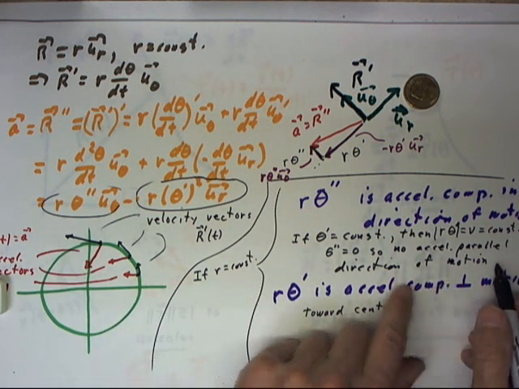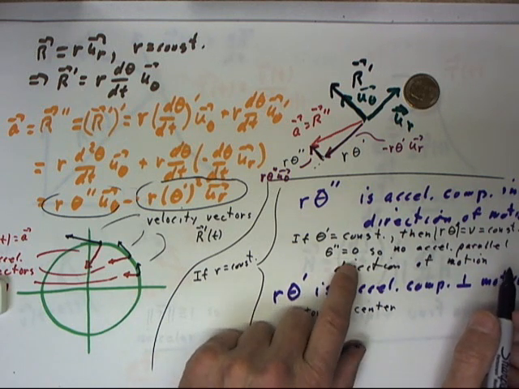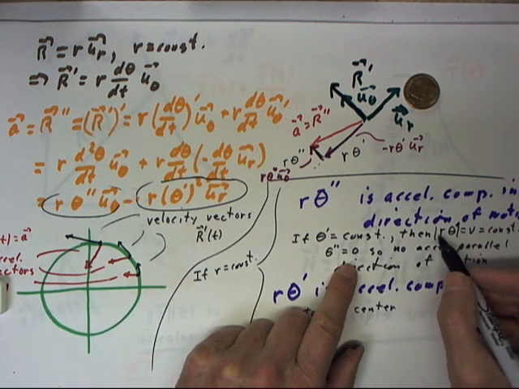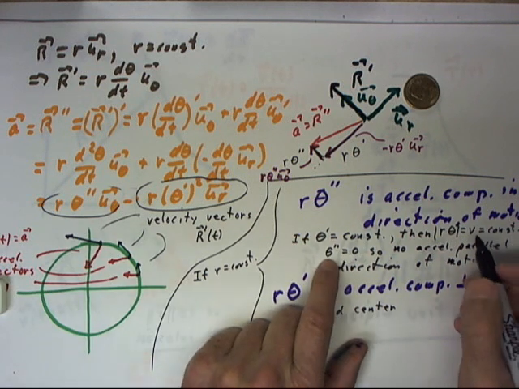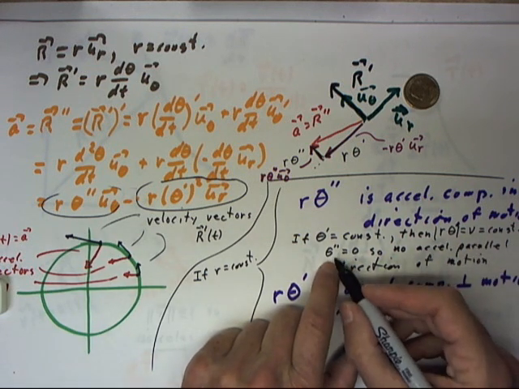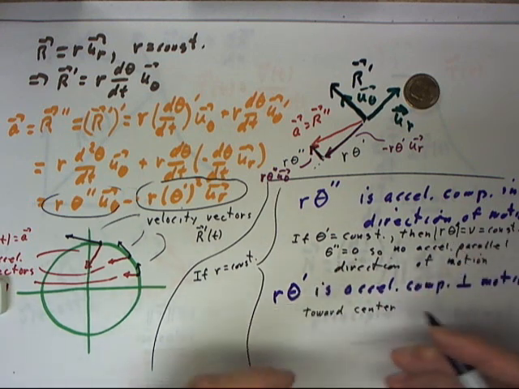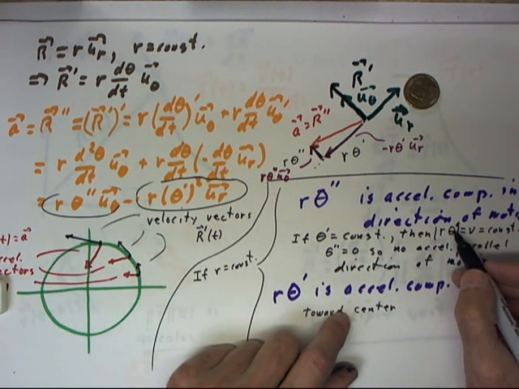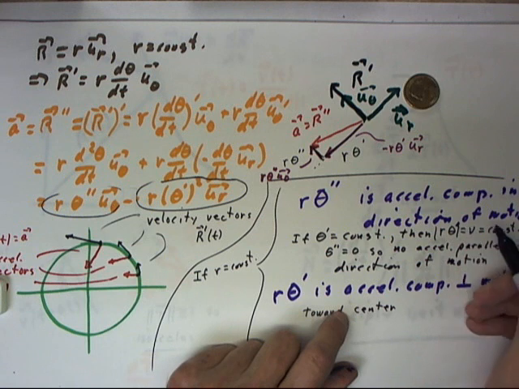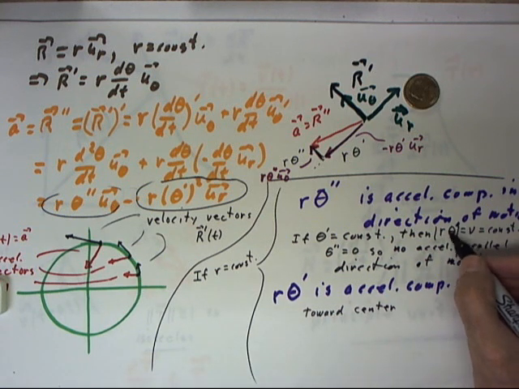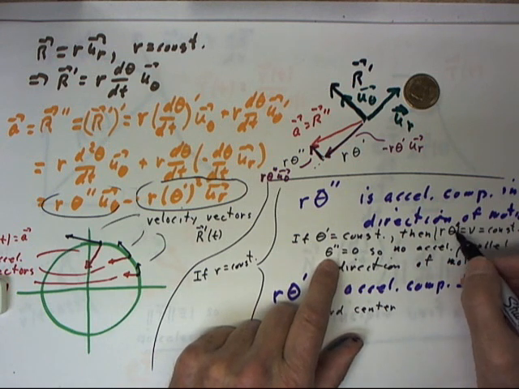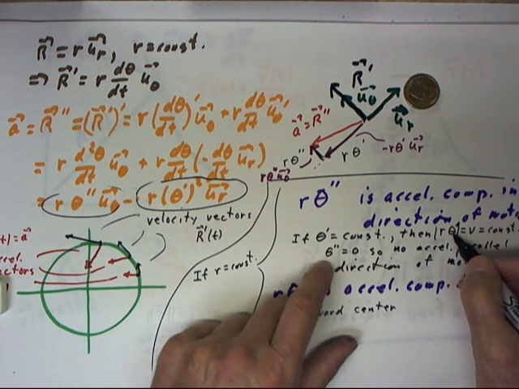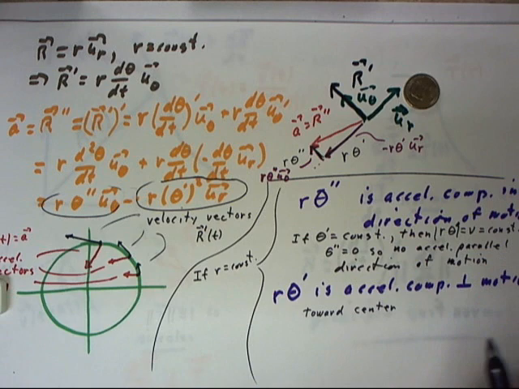Now, we can work backwards. If theta double prime is not 0, then theta prime cannot be constant, because if theta prime is constant, theta double prime is going to be 0. So if theta double prime isn't 0, theta prime is not constant, and this isn't going to hold.